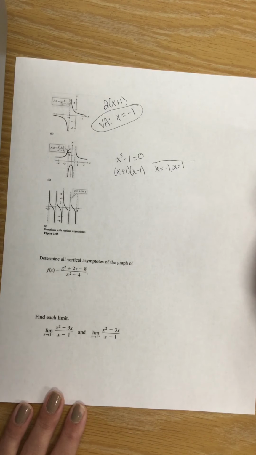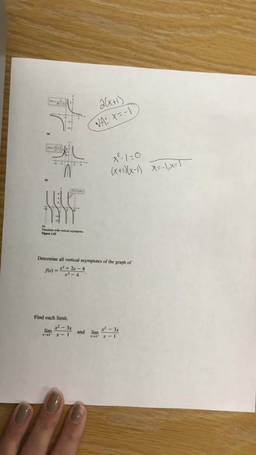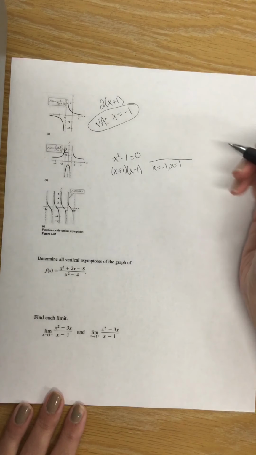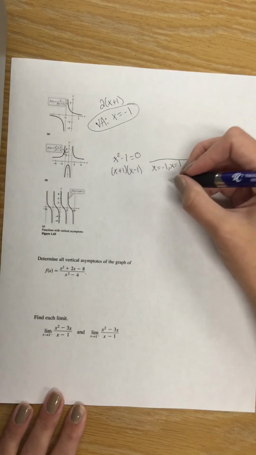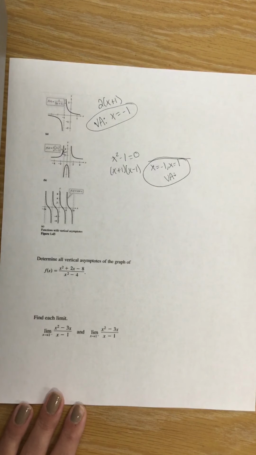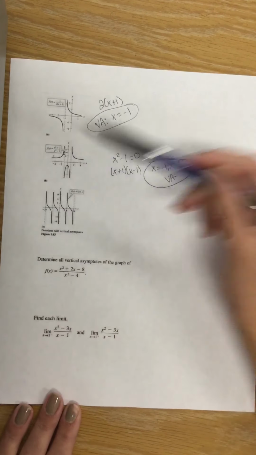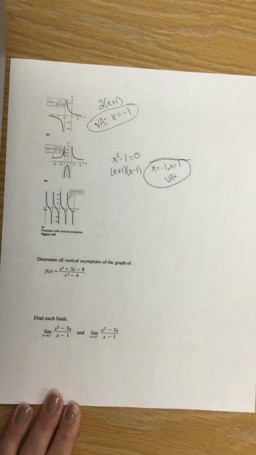Can we factor x squared plus 1? Not to get anything real, so that's not going to cancel out. So these are also vertical asymptotes. We can use that theorem to conclude that if the denominator equals 0 at those points and the numerator does not, then it's a vertical asymptote.